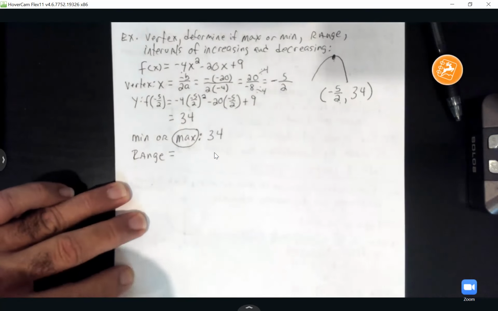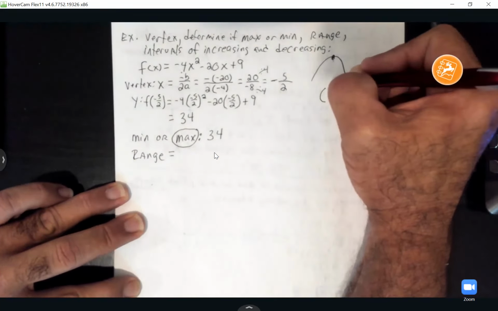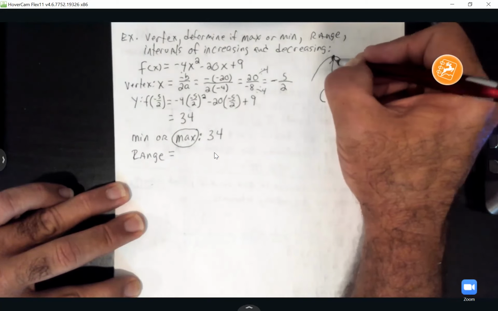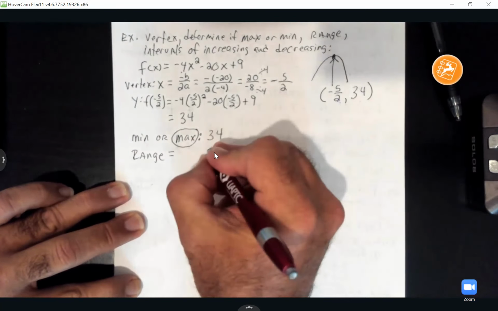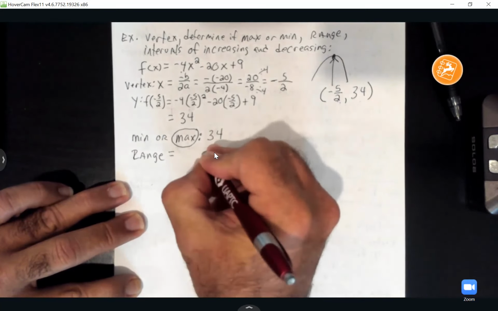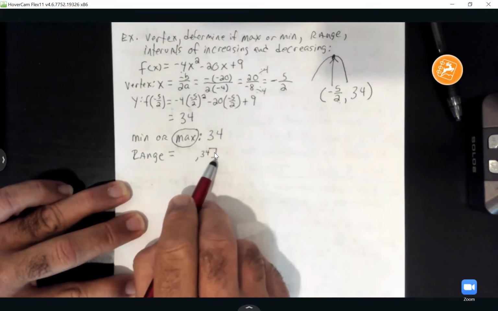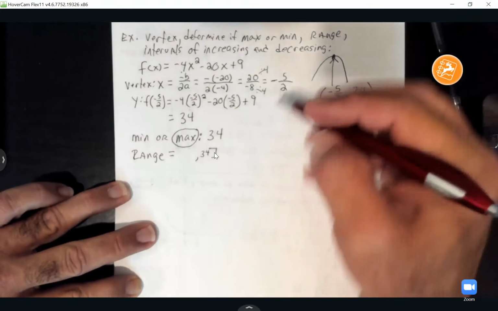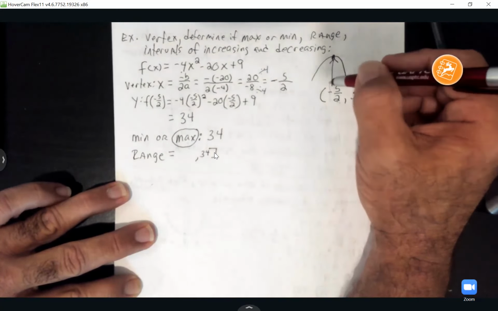But be careful on my range. Remember, my range is my y values. And my y values are going up to a maximum of 34. So the right side is going to be 34 with a bracket. My question is, these y's are coming from the bottom and heading up.